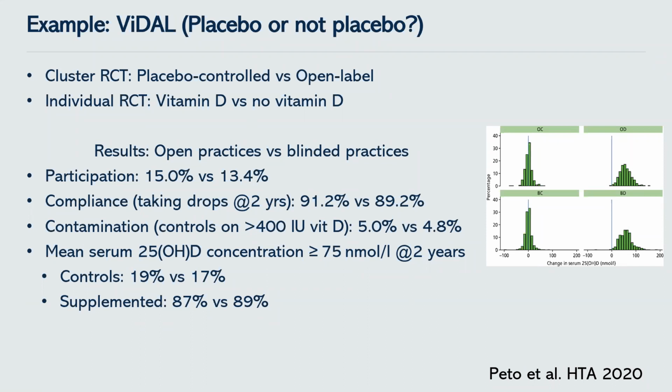And because of the disagreement, we agreed that we could study whether or not it was a good idea to have a placebo-controlled trial. So individual patients were randomized to either vitamin D or no vitamin D. But we randomized GP practices to either having an open label study or a placebo-controlled trial. And there were 10 practices in each arm.